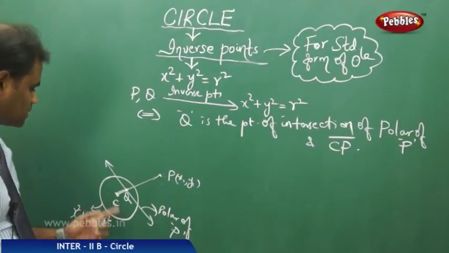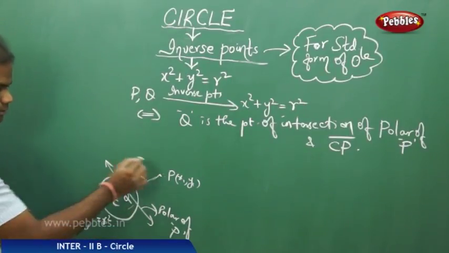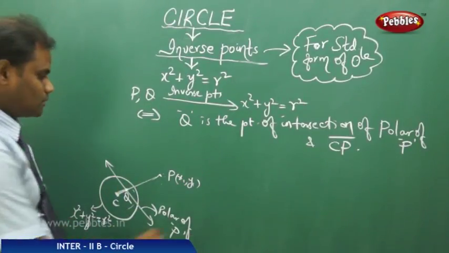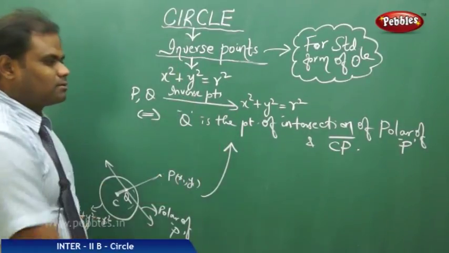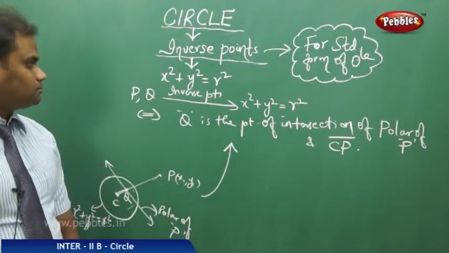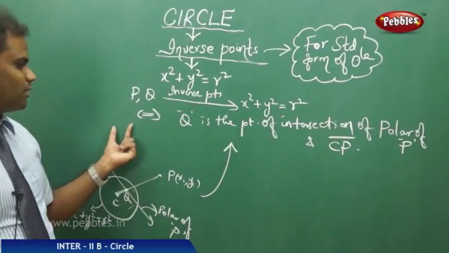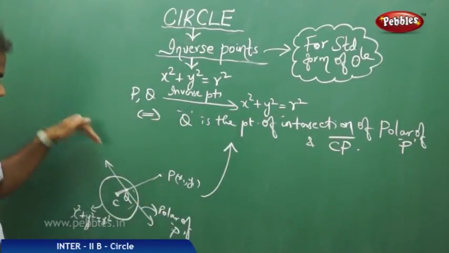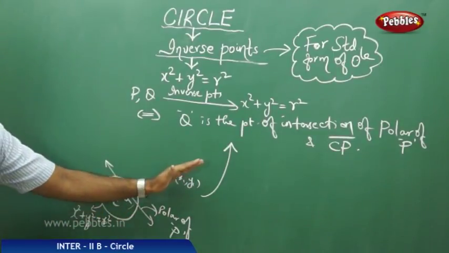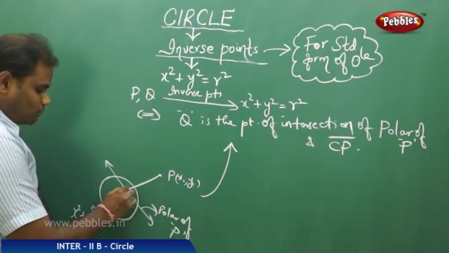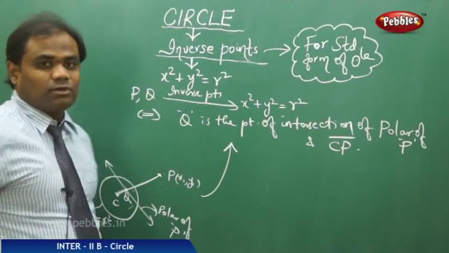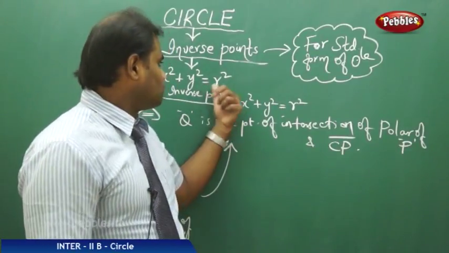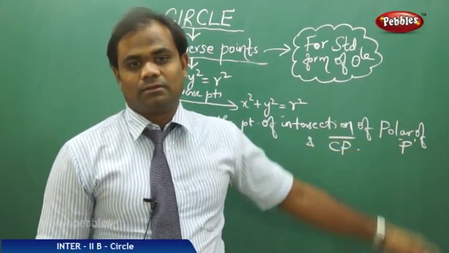So in this case, this point Q becomes an inverse point with P, is how we understand the concept. P and Q are inverse points if and only if Q is the point of intersection of polar of P and CP, is how we understand the inverse points connected with standard form of circle.